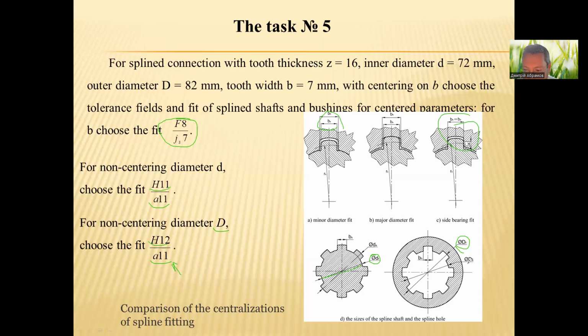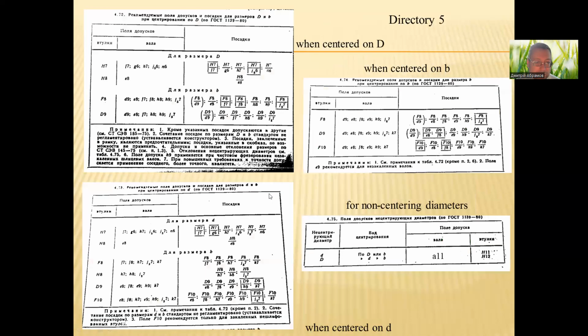So after we choose the fits for all three parameters, inner diameter small d, outer diameter big D, and tooth width B, we should continue our determination of the task.